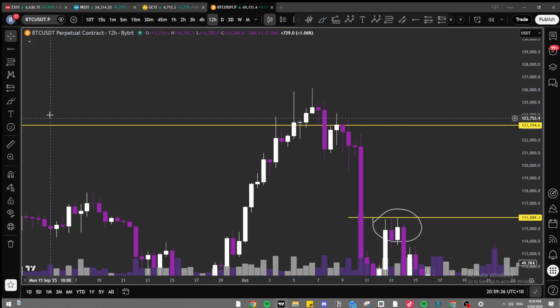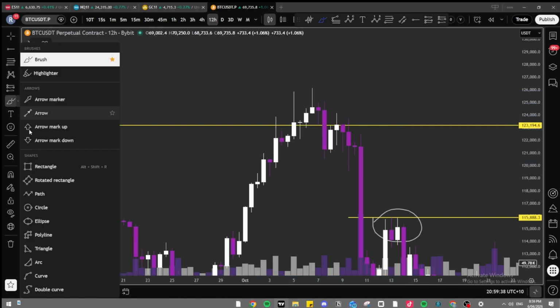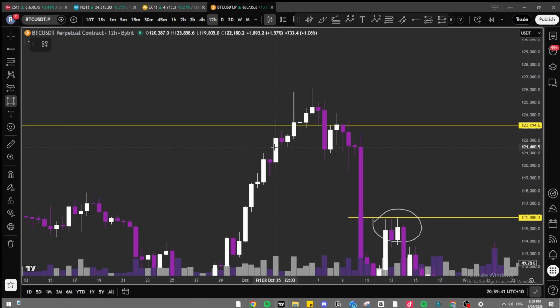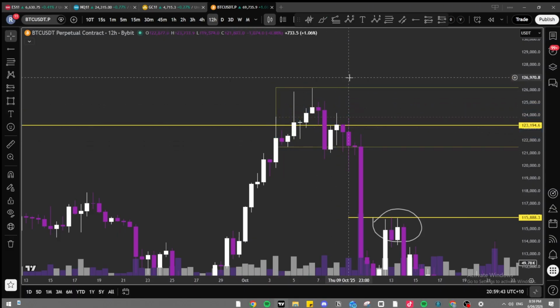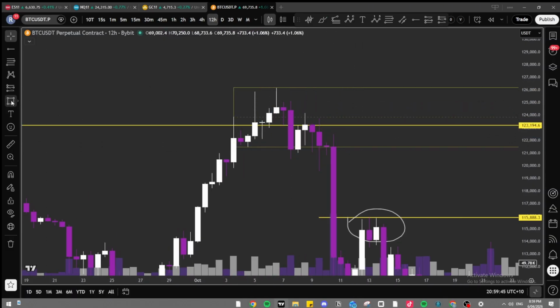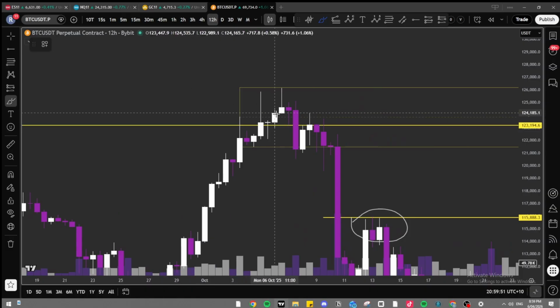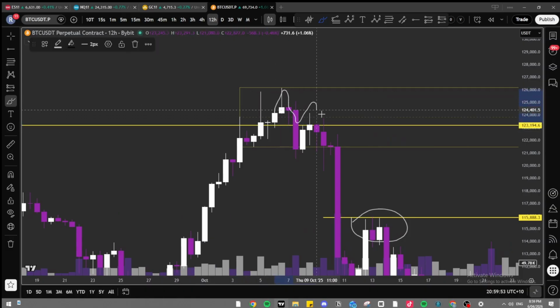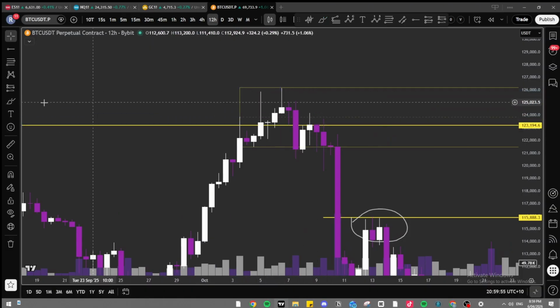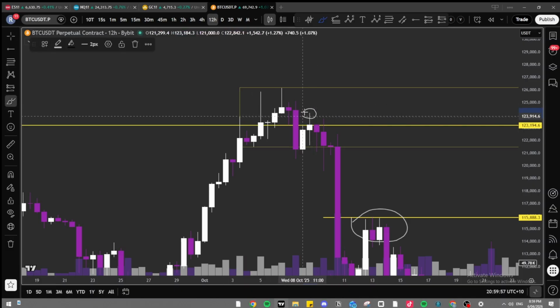Let me draw it properly, one second. All right. Internally, this range over here, we failed to make bullish market structure above the range high, above this yellow line's high. And as we can see again, we have attempts to go higher, which fail.